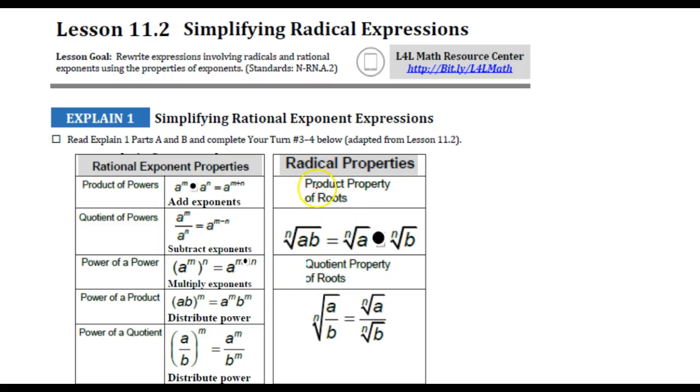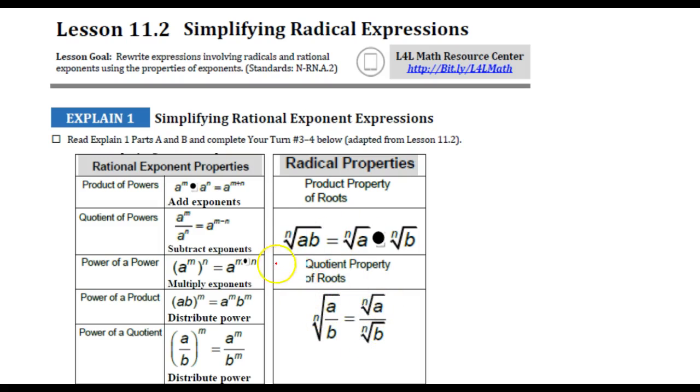Last but not least, we know that there's radical properties, so product property of roots. Essentially, if I have the nth root of a times b, I can take the individual nth root of the first part times the individual nth root of the second part. And I can also distribute that if I'm dividing.